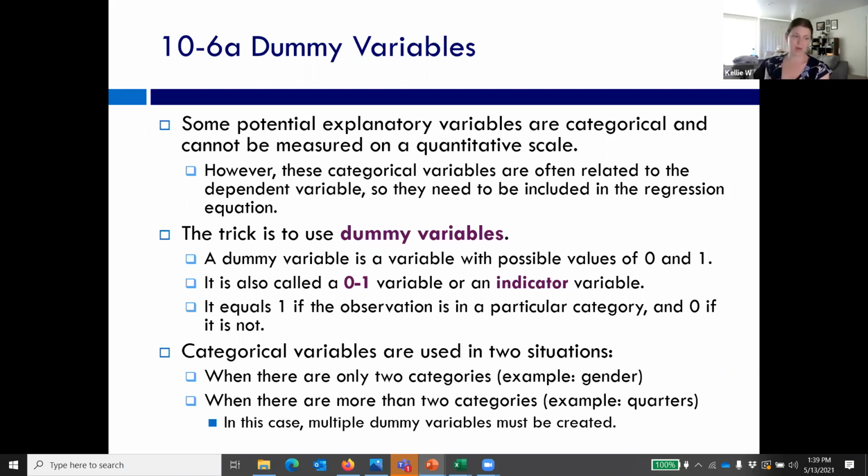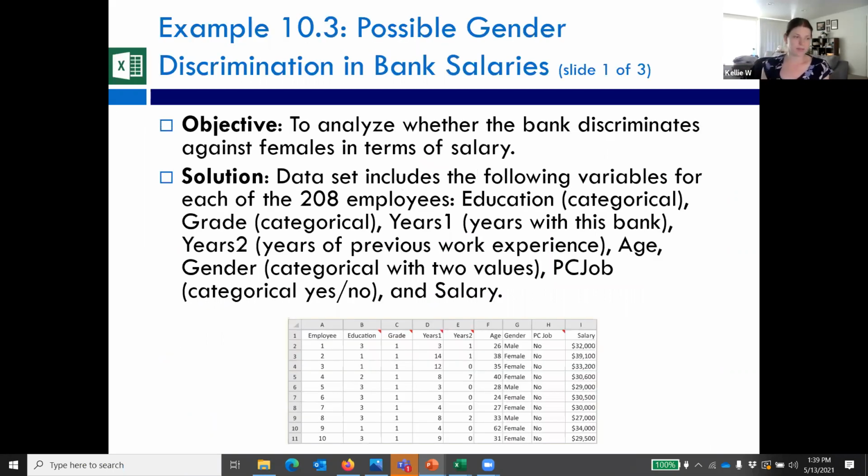So generally we say 1 if it's in the category we're trying to observe, and 0 if it's not. So if we think the relationship is with one of the values, then we would set that value to 1. You can also use them for something like quarters, where you would have 4 categories instead of 2, but then you have to do multiple dummy variables.